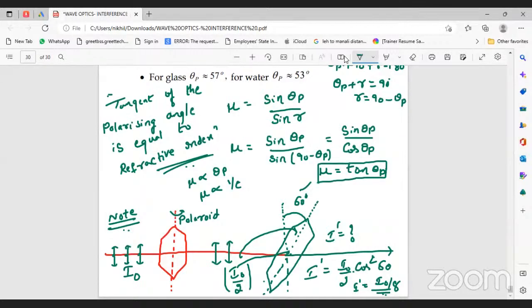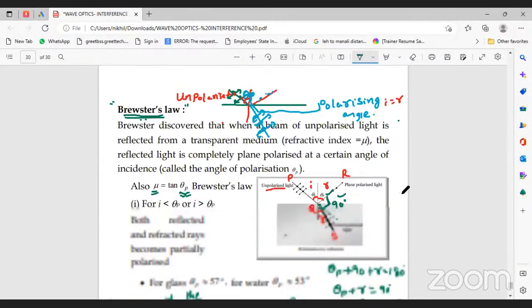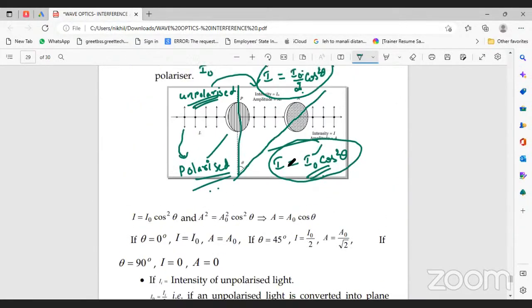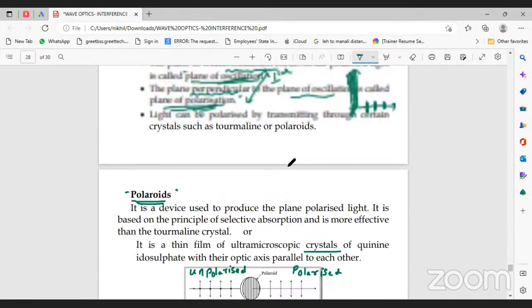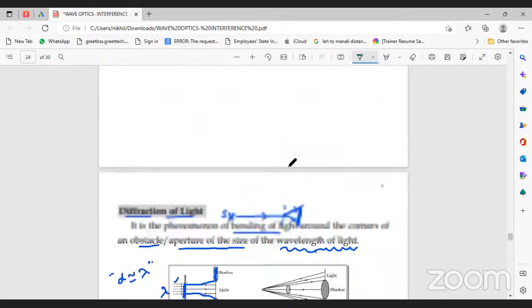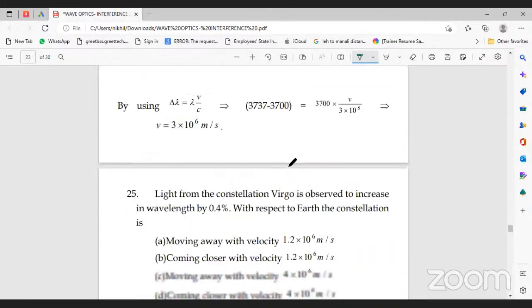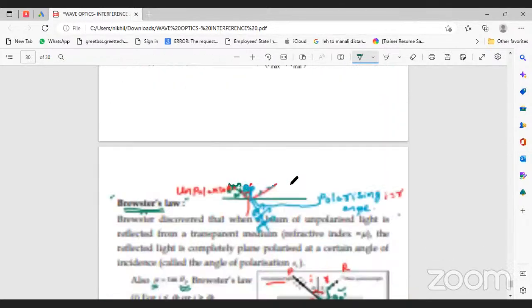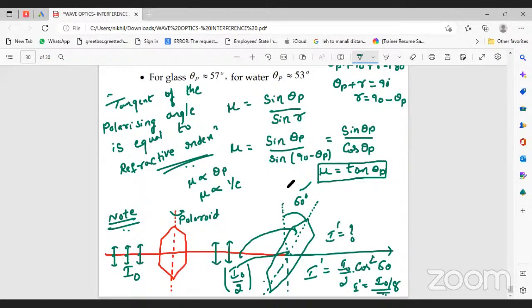We can take up the problems in the next class, Ajay, because it is not ready. I think it is not in that PDF format. So this is the theory concepts of diffraction and polarization. In the next session, I will take up the problems on diffraction and polarization. I think one session is enough for the problems on this.